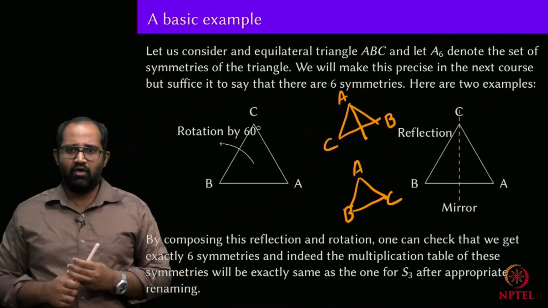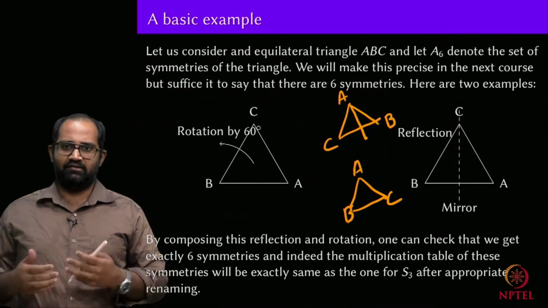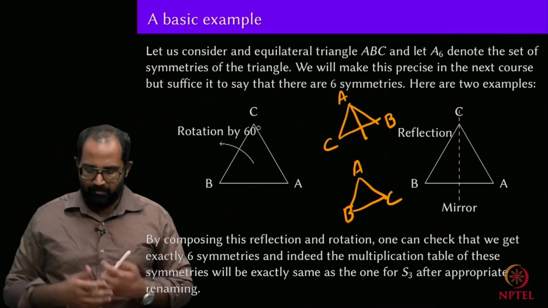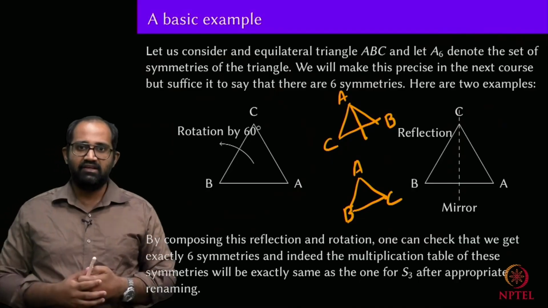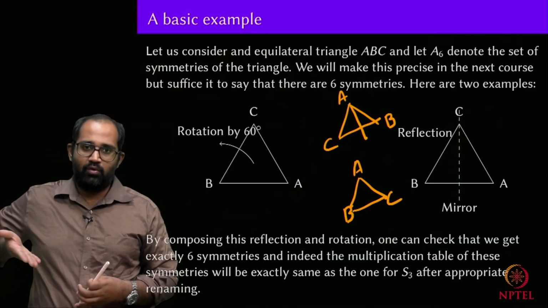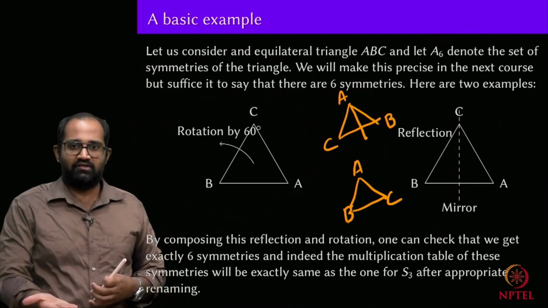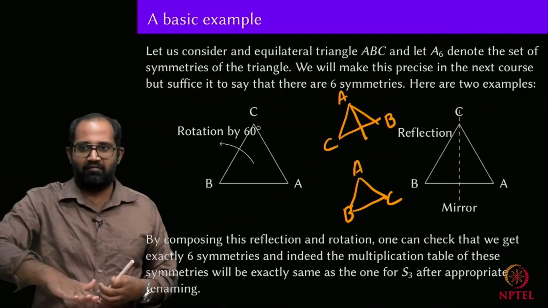Another way is to think of this reflection by going to R3, that is 3 space. R2 is the plane, R3 is 3 space. What you do is you sort of do what you do when you flip around a dosa or something. You just hold this triangle and flip it on top of itself.